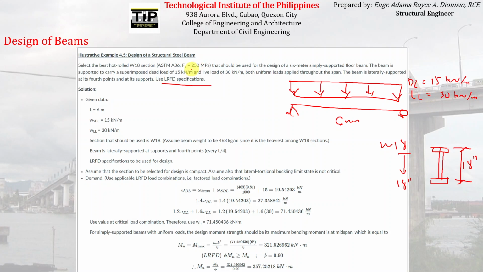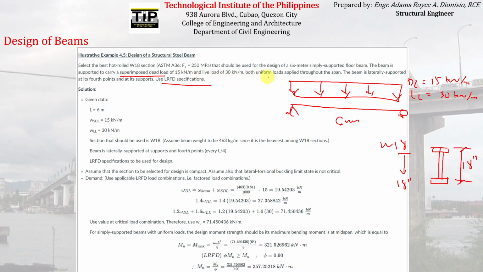So you have to take note that the given loads, the dead load and the live loads, are actually superimposed. So when we say superimposed, it means that we just impose the loads on the beam. Baga pinatong lang siya. Meaning hindi pa kasali dyan yung self-weight ng beam itself. Okay, so you have to consider the self-weight of the beam separately.